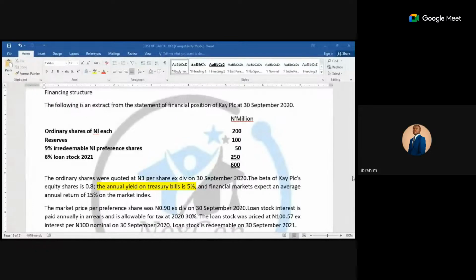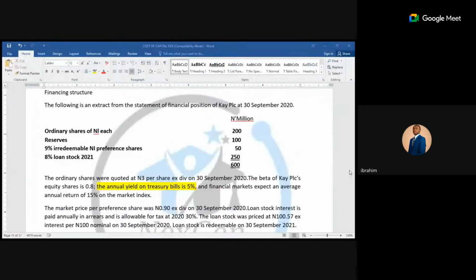Olufunmilayo. What is the formula for calculating capital asset pricing model? Are you still with us? I need to confirm. Are you with us? Fumi, are you with us? Okay. Comfort. Are you with us? Well, I'll mute your mic now.